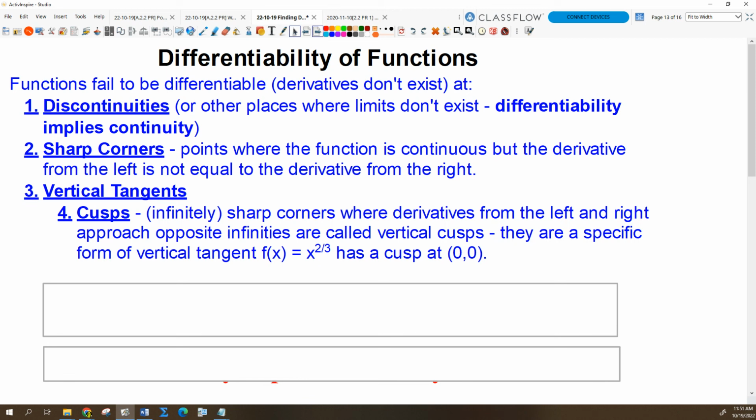So differentiability. So what does that mean? To take a derivative, the verb associated with that is not derive, it's differentiate, which is kind of weird.